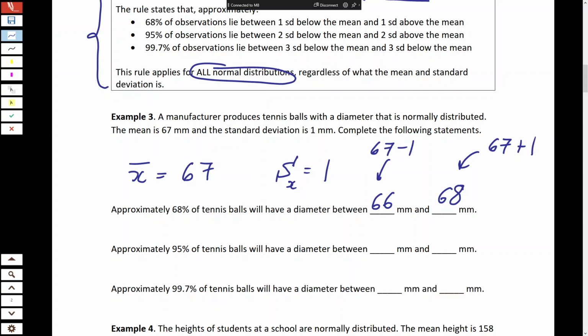How many standard deviations do I need to go away? 2. Okay. So what numbers? 65 and 69.